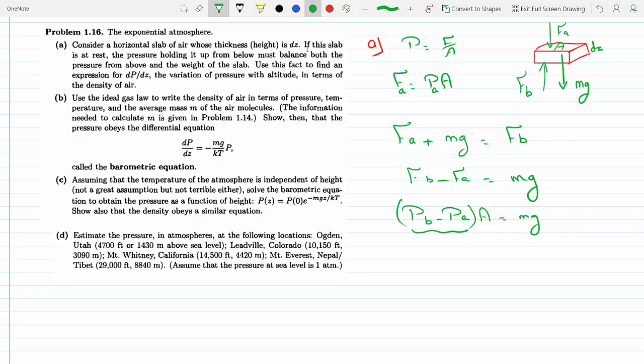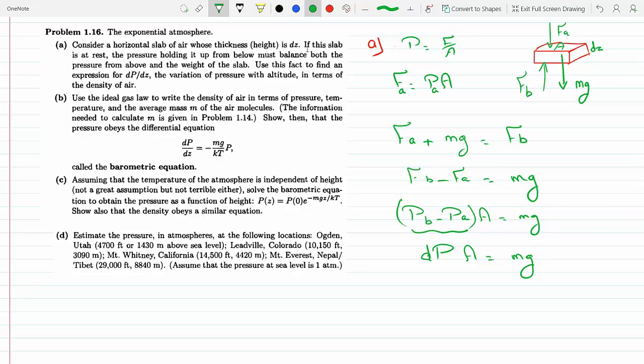But if dz is infinitesimal, the change in pressure is a very minute change, and we can call it dp. The differential dp times A has to equal mg.